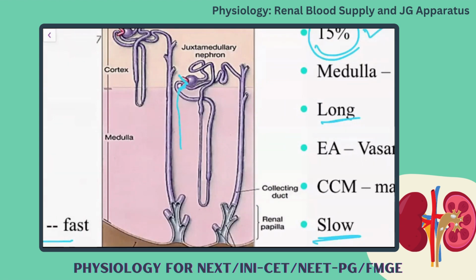It is present throughout the entire length of the nephron. And the efferent arteriole, once it comes out of the glomerulus, then also it will have its entire supply over here. And all this is having its corresponding capillary connection between this.